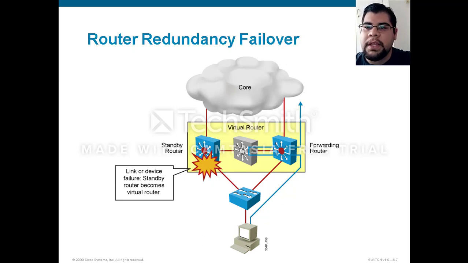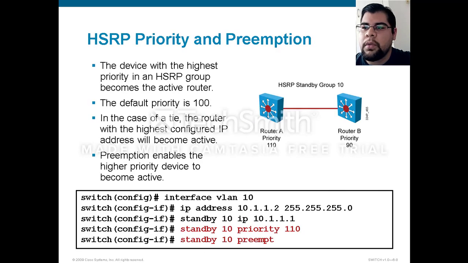This happens when the active router fails, and the standby router becomes the virtual router and the forwarding router for the internet packets. We have priority and preemption.